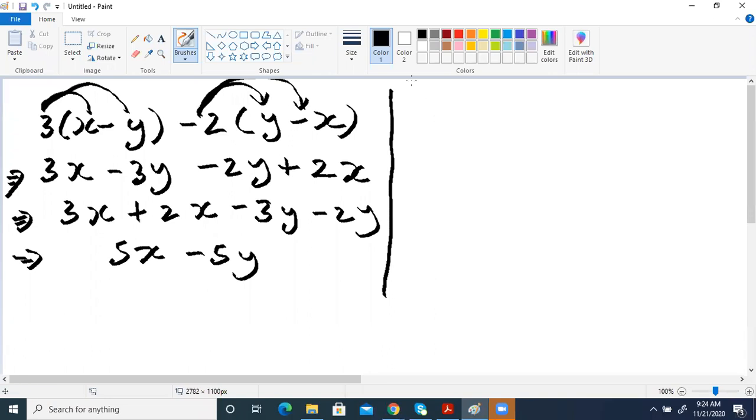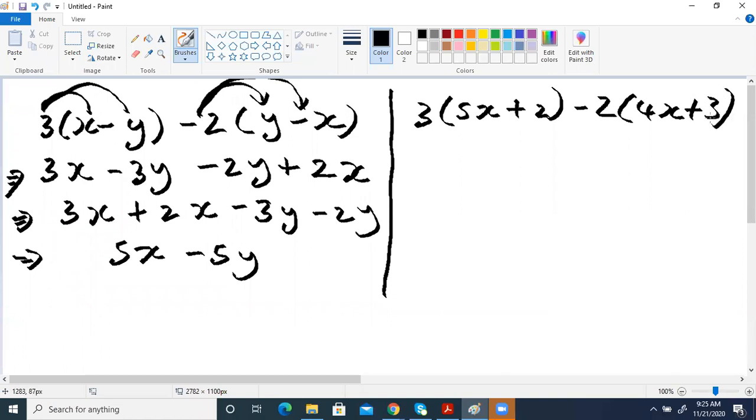So I can use this side, let me see. So 3, so 4x plus 3. Again, you distribute the 3, so nothing that we don't know. So this is 15x. This becomes 6.